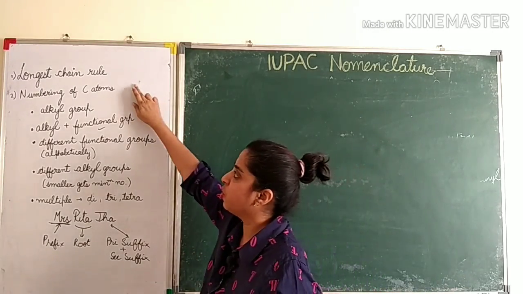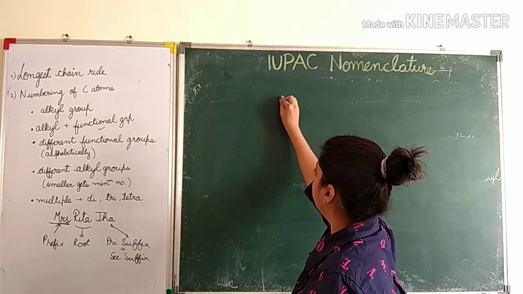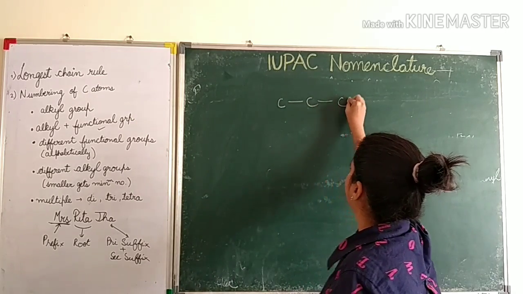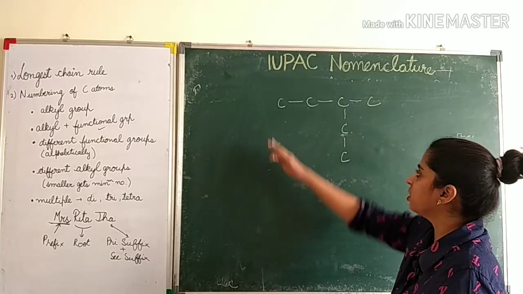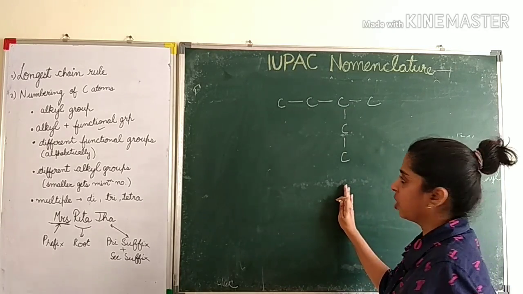Now the first rule is the longest chain rule. So if, for example, this is the chain given to you. Okay, this is the structure given to you.